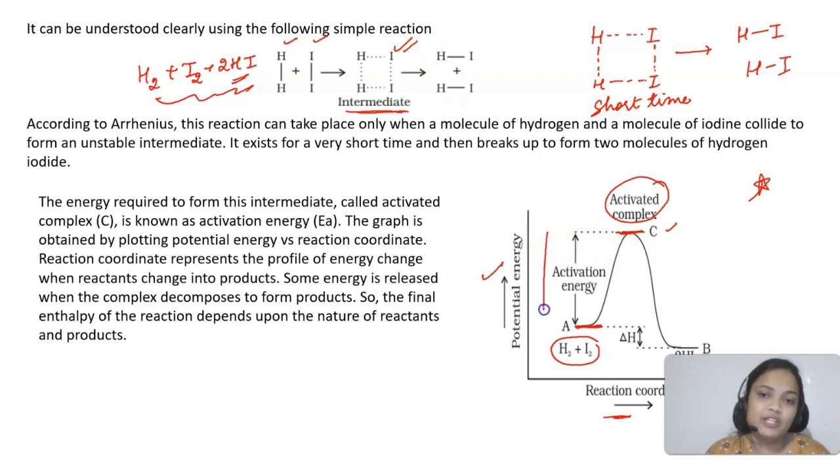This much energy we need to supply to the reactants, so then only they will collide and form that activated complex. This energy is known as activation energy. So the energy required to form this intermediate is called the activation energy.